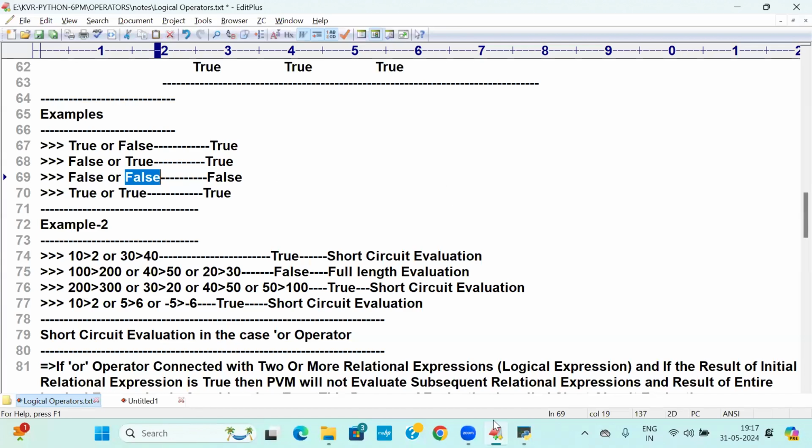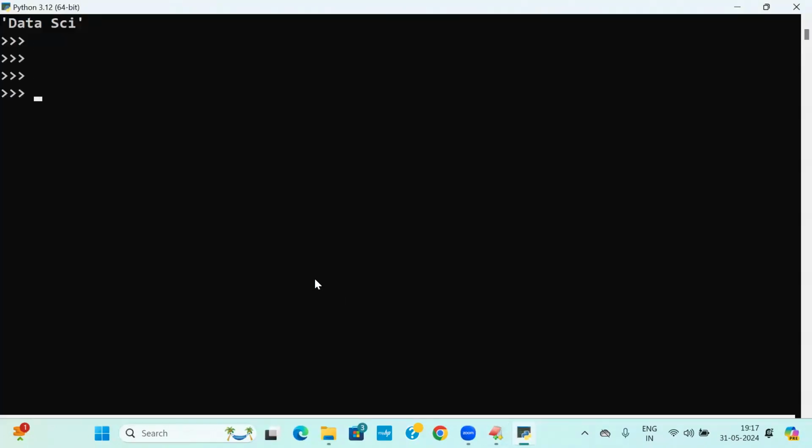Okay now? Good. Now answer my question. 100 or 200. Come on. Super. Why 100? 100 is what? True. What is 200? True. But first true is enough to say R is true. So that is the answer, 100. Easy or difficult?